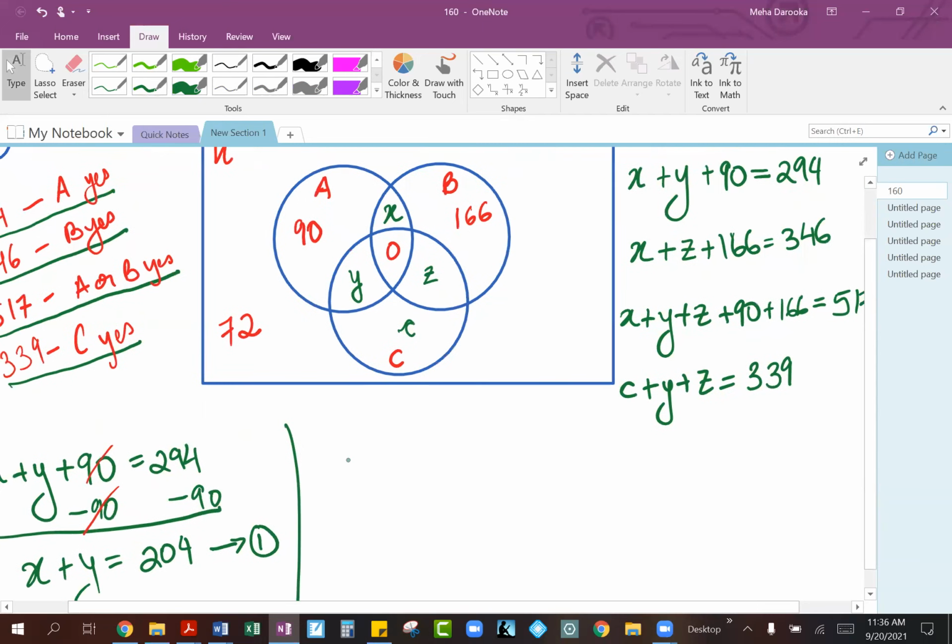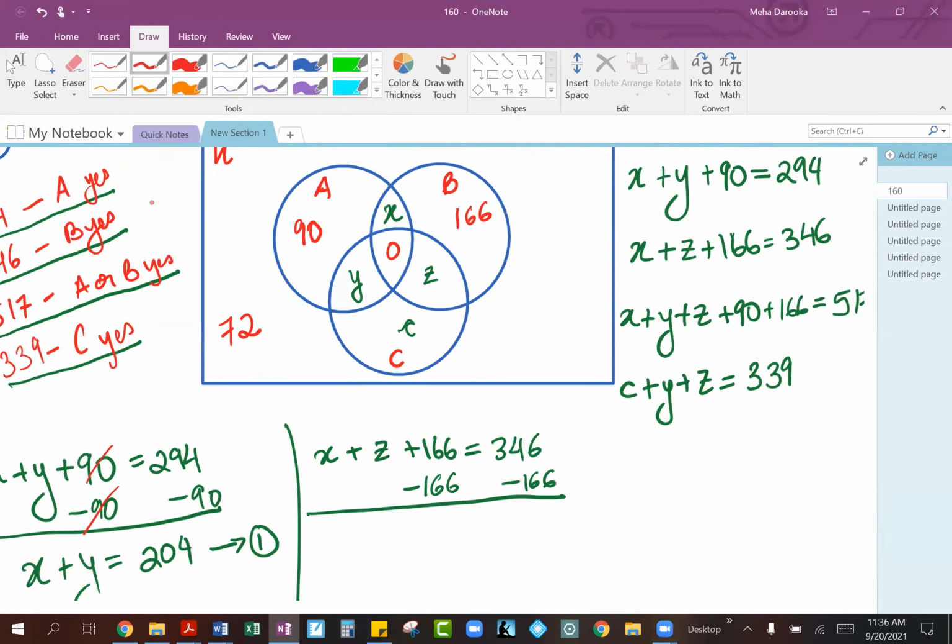Let's see, our second equation is for circle B. So that's X plus Z plus 166 equals 346. We'll do the same thing, subtract 166 on both sides, clean this guy up. So again, 166 cancels out on this side.